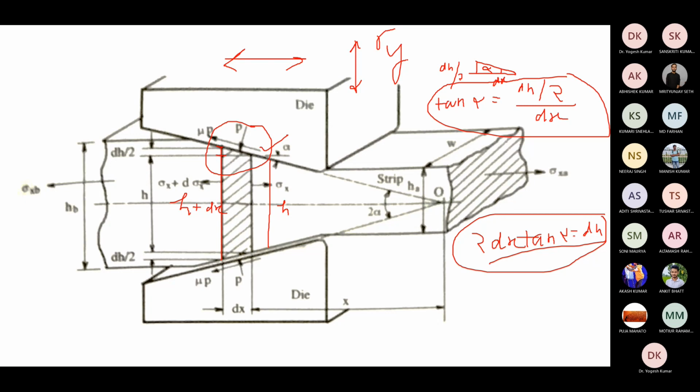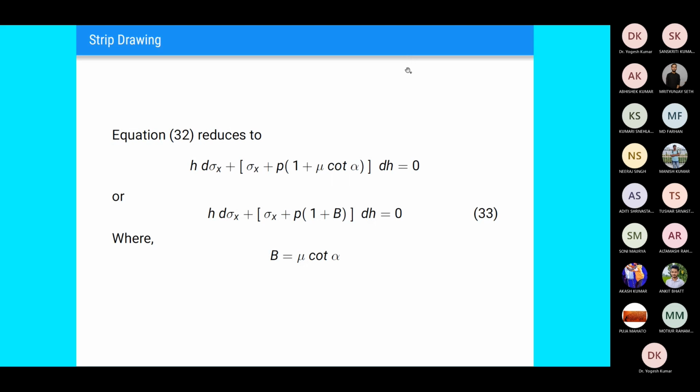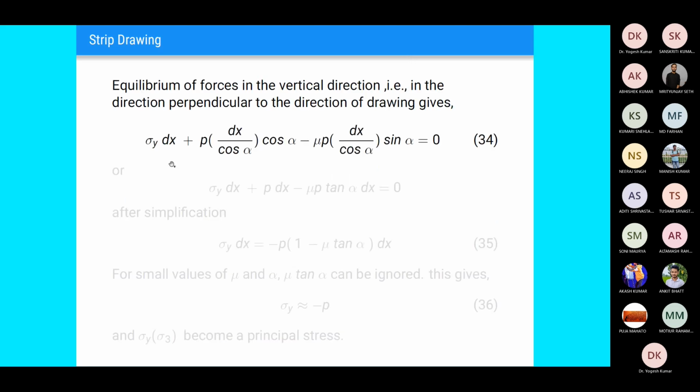If you consider their equilibrium, you will yield some mathematical expression something like this. In a simpler way, it has been reduced and written as sigma y into dx plus p dx minus mu p tan alpha into dx equal to 0.